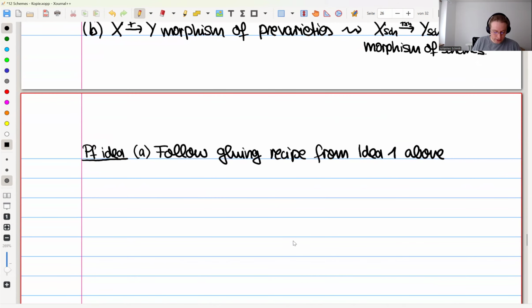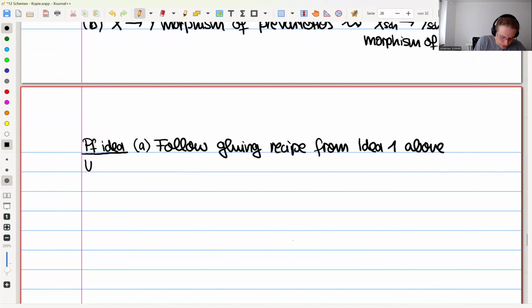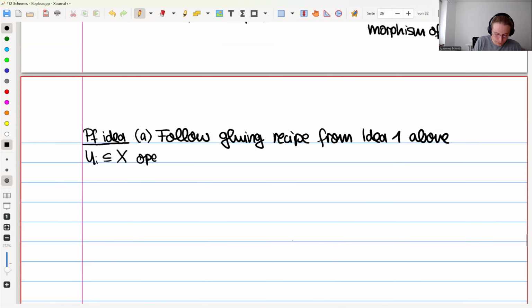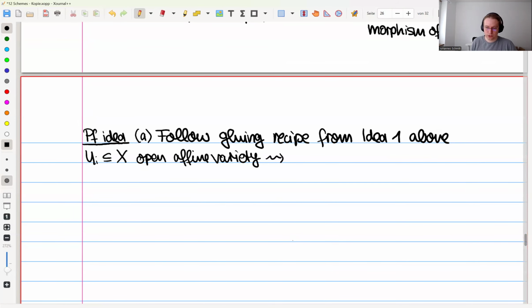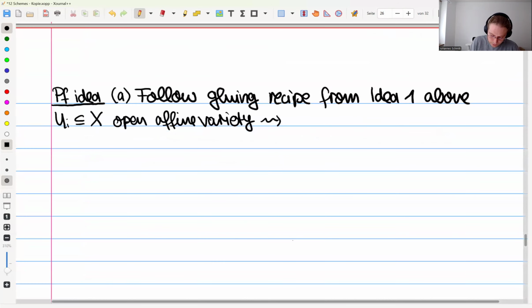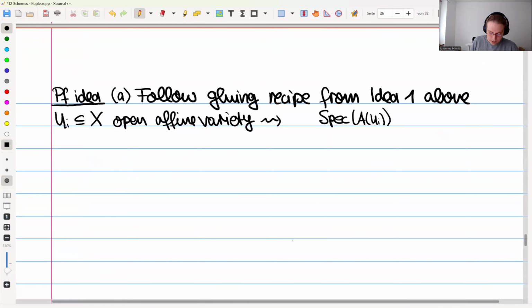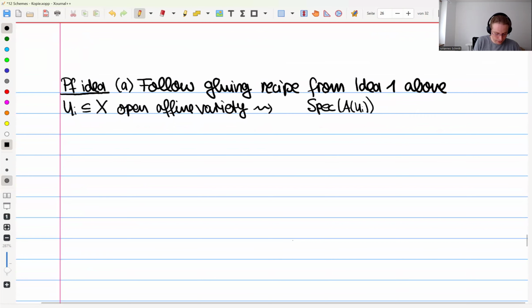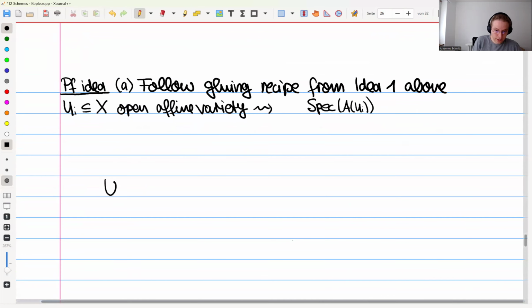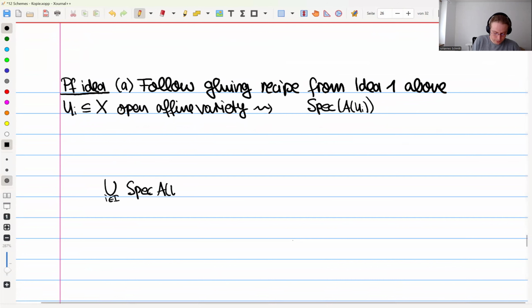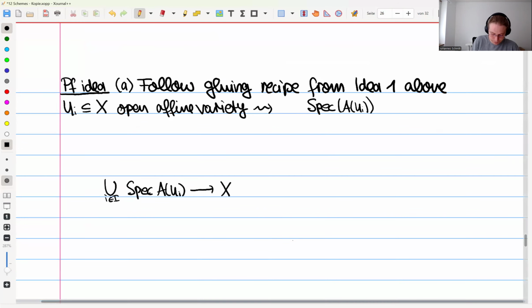And so the idea there was that, whenever you have U_i inside X, the rational pre-variety, if this is an open affine variety, then we want to start with Spec of A(U_i), and basically construct a map from Spec A(U_i) to X scheme.